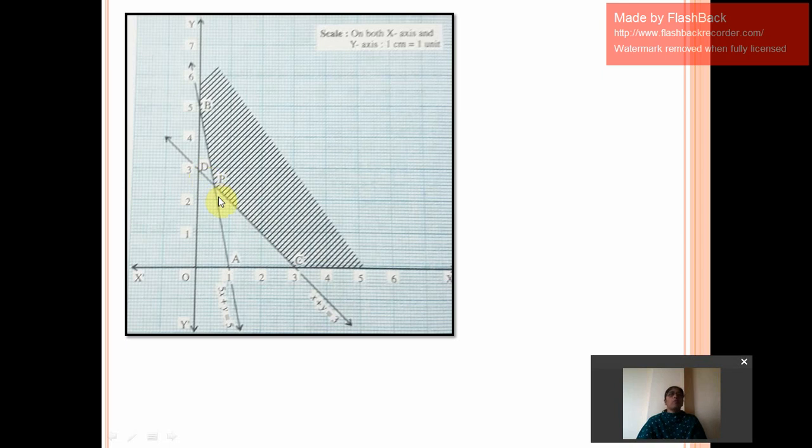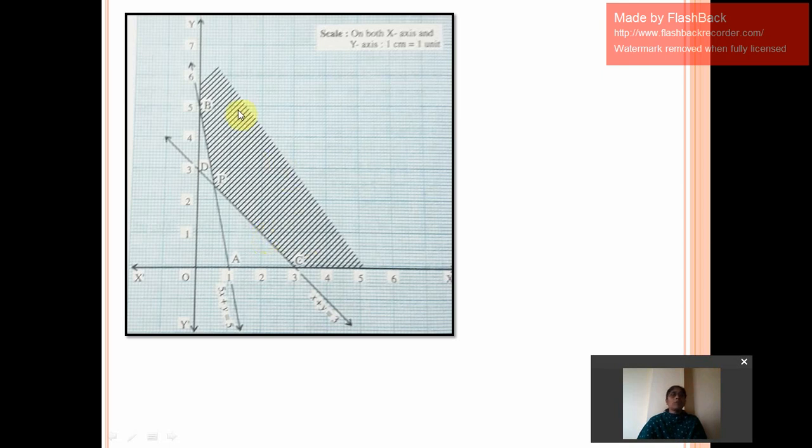Now look, first constraint 5x plus y greater than or equal to 5, above the line. Second constraint x plus y greater than or equal to 3, also above the line.